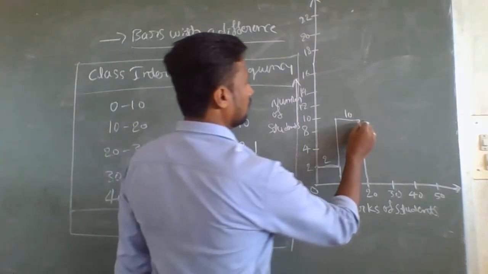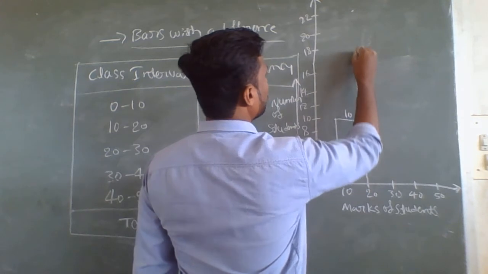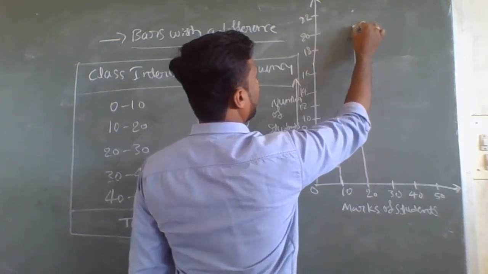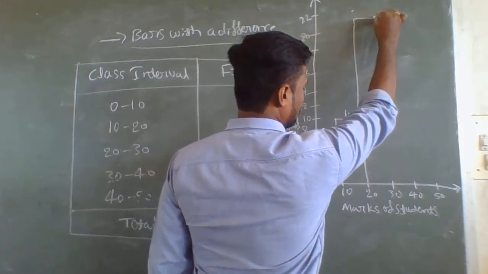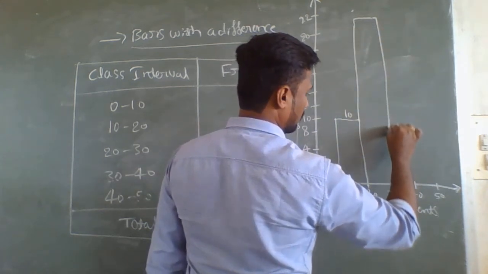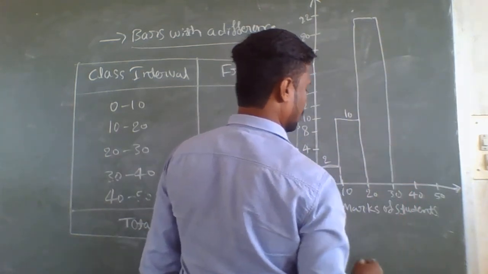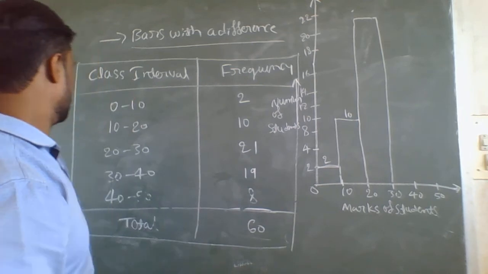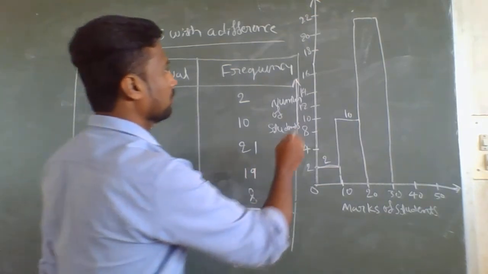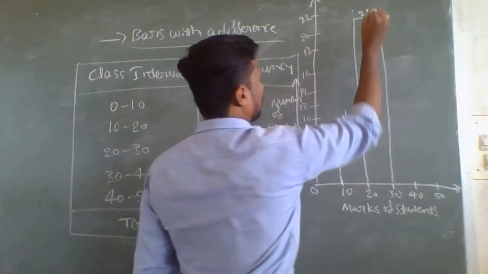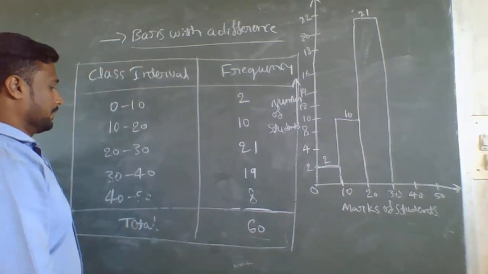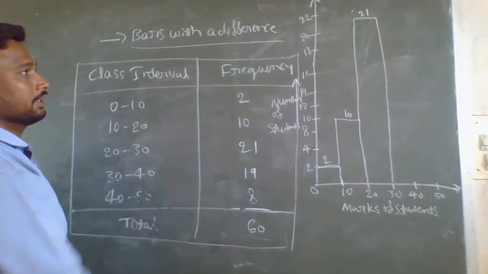Now 21 means here between 20 and 22. This is 20 to 30, 21. Now 30 to 40, 19.